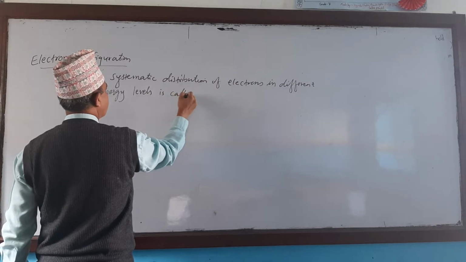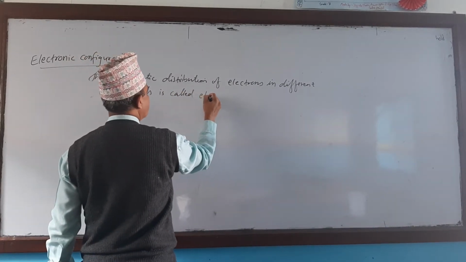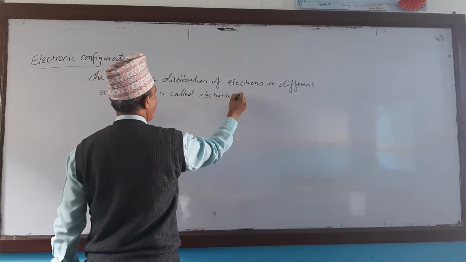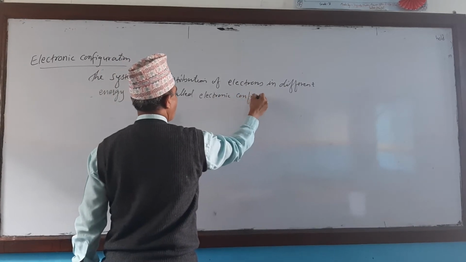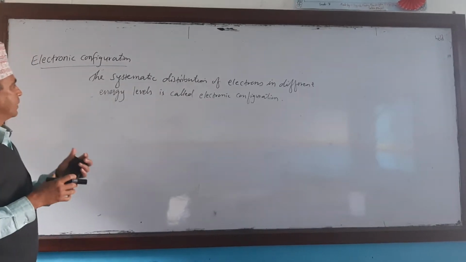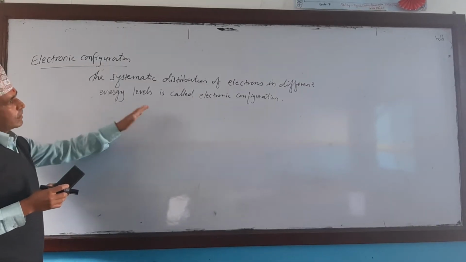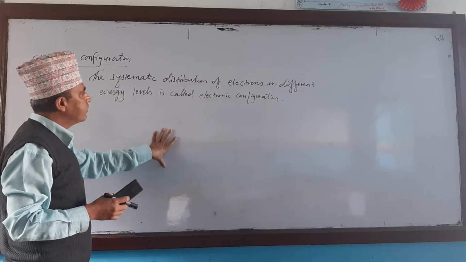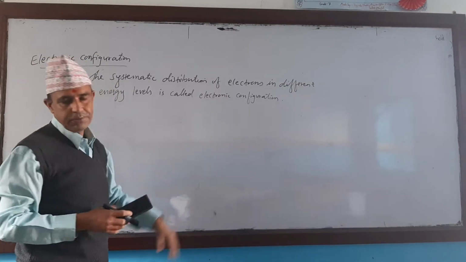What is given here? The systematic distribution of electrons in different energy levels is called electronic configuration.